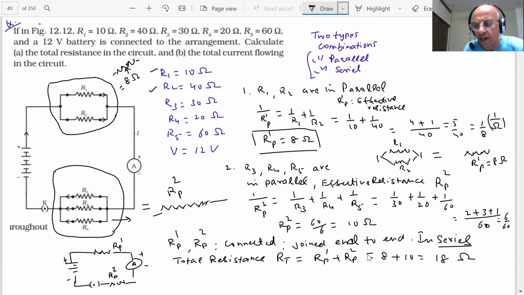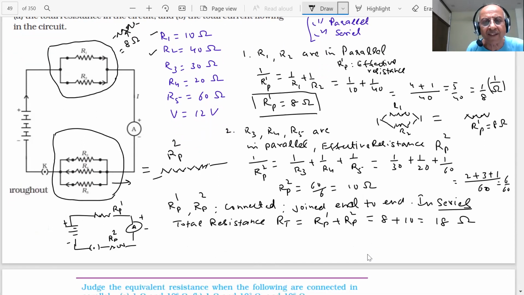Total current flowing in the circuit, student. Total resistance is 18 ohms. What will be the total current then? What do you want to calculate? Total current. So these resistors are in series and this is the potential difference, students. Total current is given by what? Ohm's law. What is Ohm's law? I is equal to V by R total.